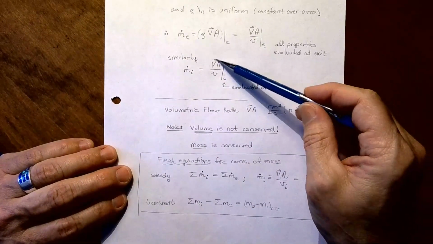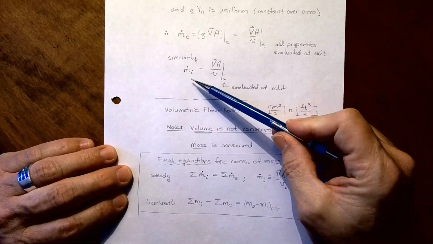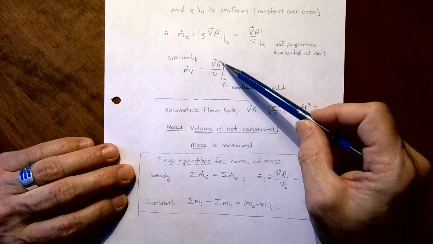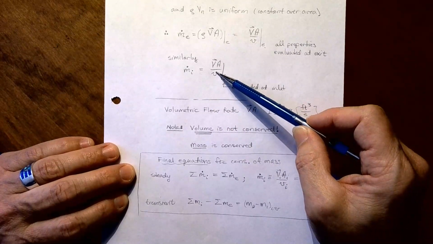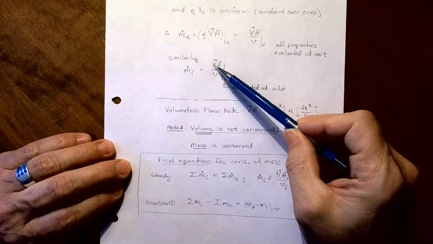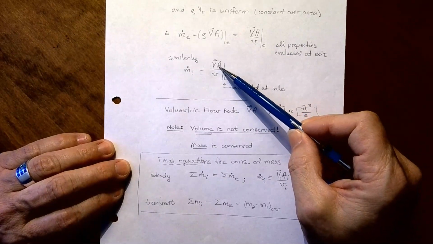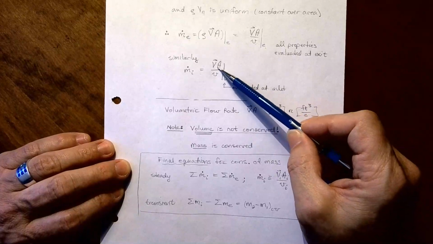If you substitute in units, velocity times area over specific volume will be a mass flow rate. So in the end, units will cancel to be left with kilograms per second or pound mass per second. If we just look at the numerator, a velocity times an area, this will be a volume flow rate.